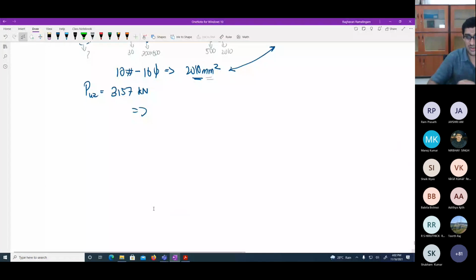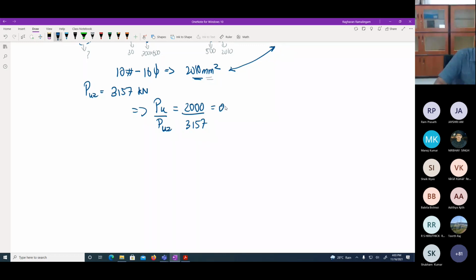This can be calculated at this stage, or it can be calculated later. PU by PUZ: PU is the actual load which is coming, and PUZ is the capacity of the column for pure axial compression for the given reinforcement and size. So how much is this ratio?